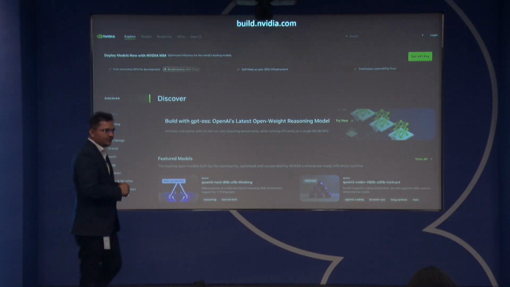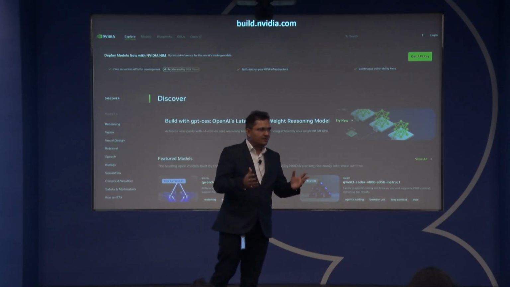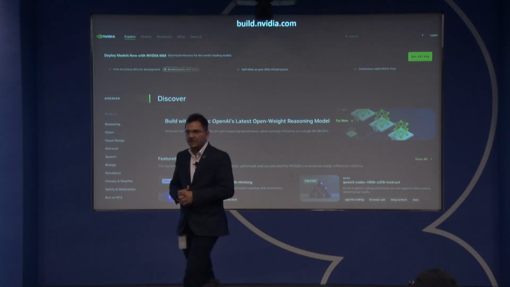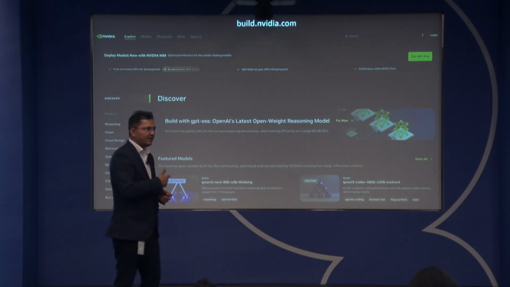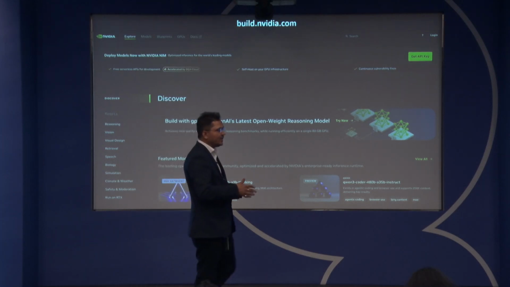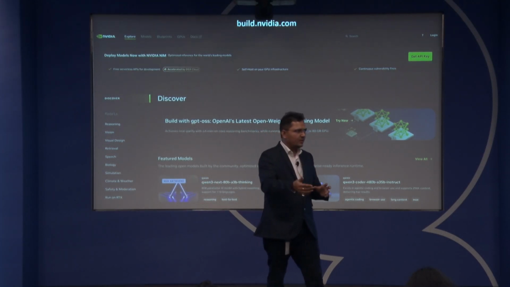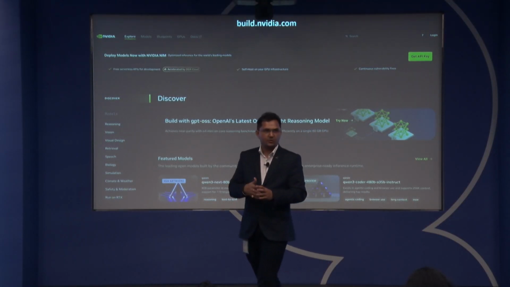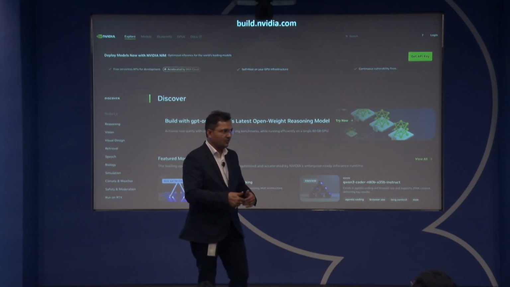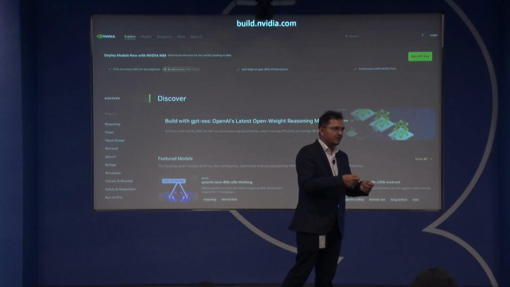Okay, and the first option is you go to build.nvidia.com. You search for your favorite Llama, Mistral of any size. You will get all the containerized microservices available to you. It just takes 2 or 3 lines of code. The model will be downloaded on your GPU in your premise. It could be cloud, or your own machine in your premise, and it will provide you the API.